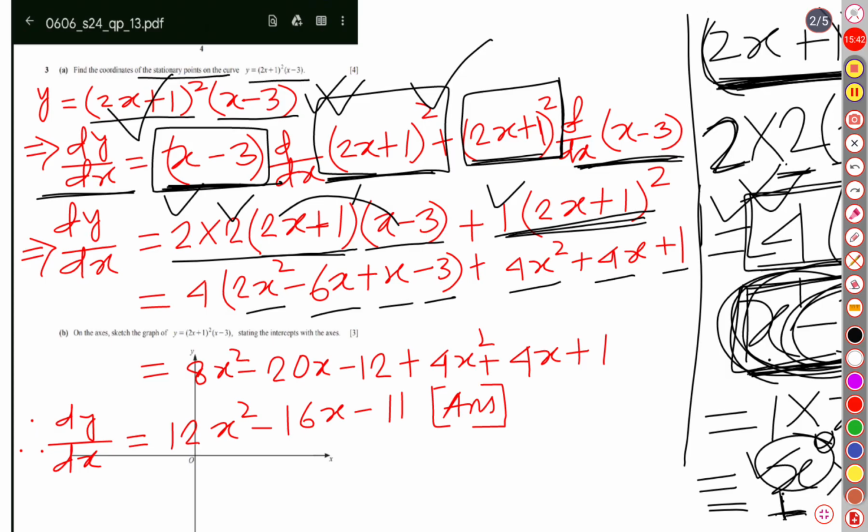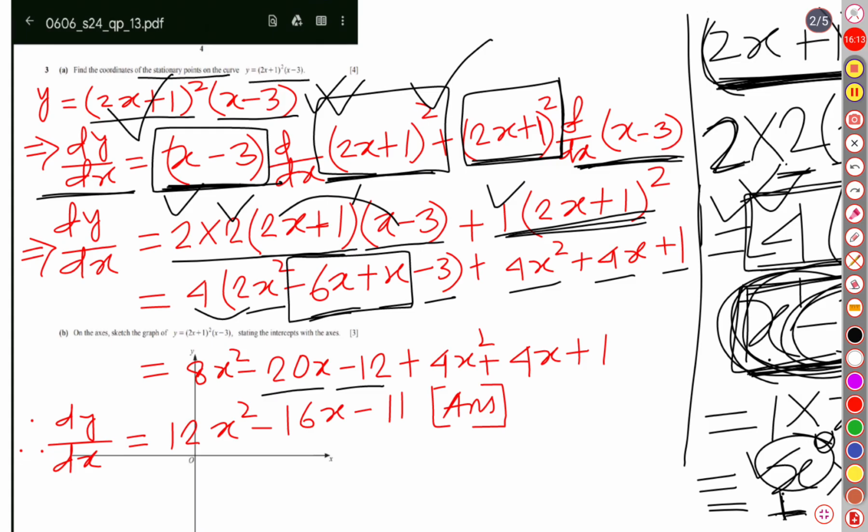If we simplify this, we are going to get 4 2s are 8. Then negative 6 plus x means negative 5x, and 4 5s are 20, so negative 20x. Then negative 3 and 4, 3 fours are 12, negative 12. Then this is as it was.